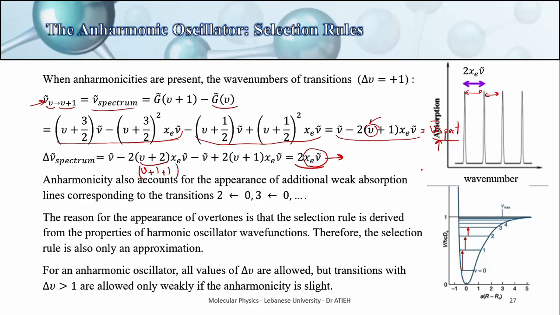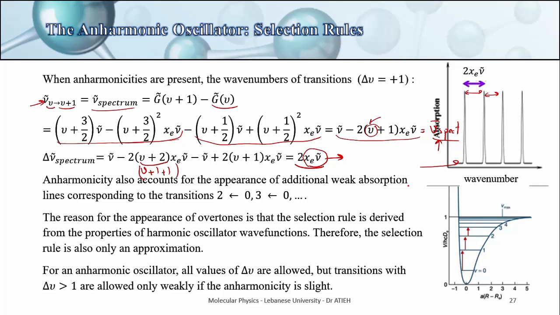But this, up till now, is not in accordance with the experiment. We did not see lines like these. We have seen a main line and small lines. These small lines are not due to absorption from different levels or from higher levels.